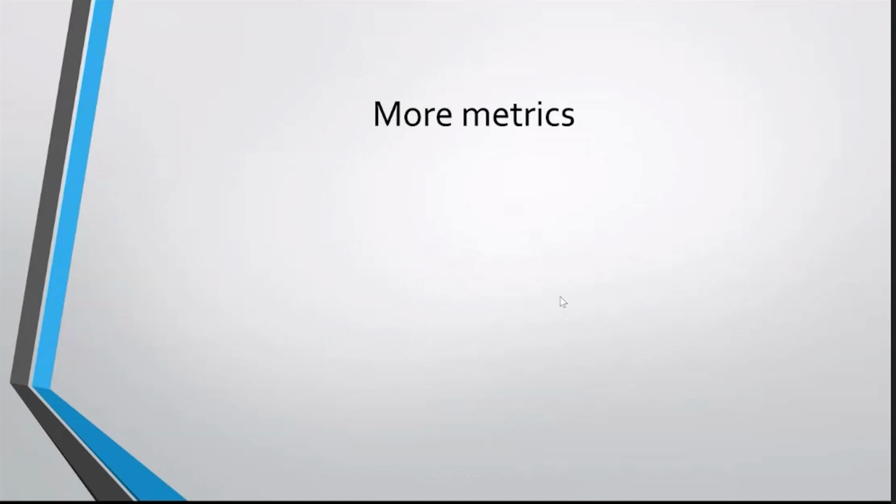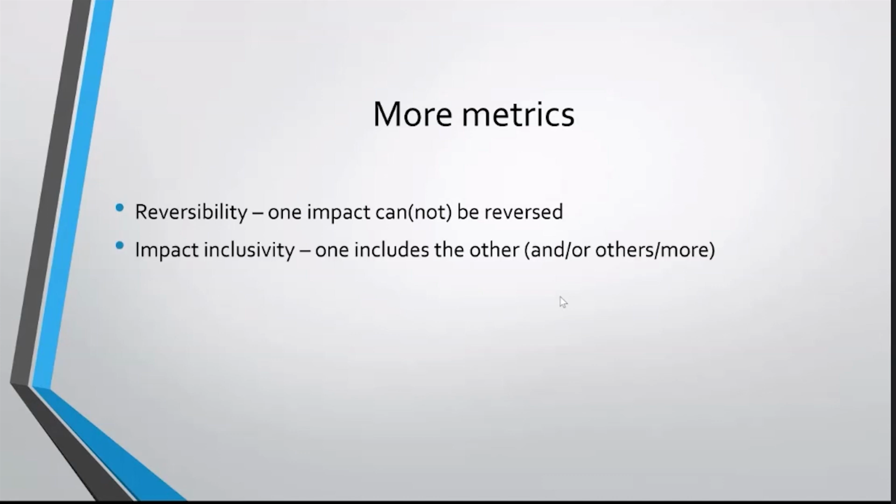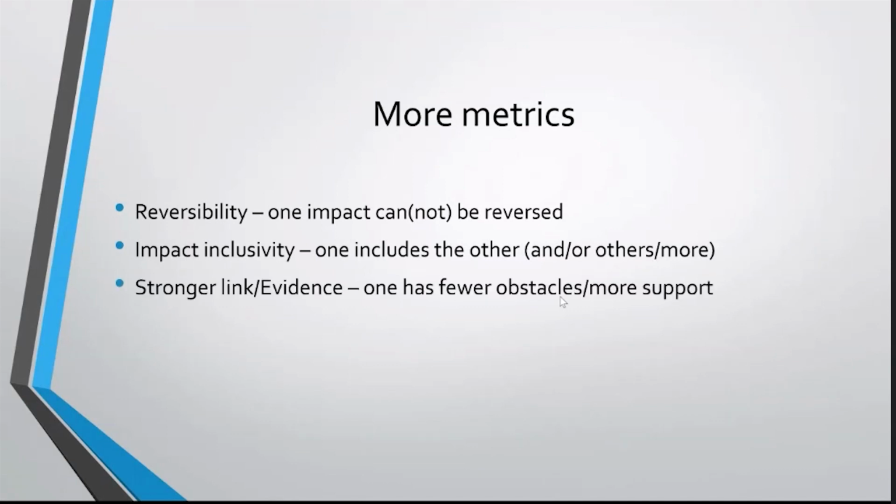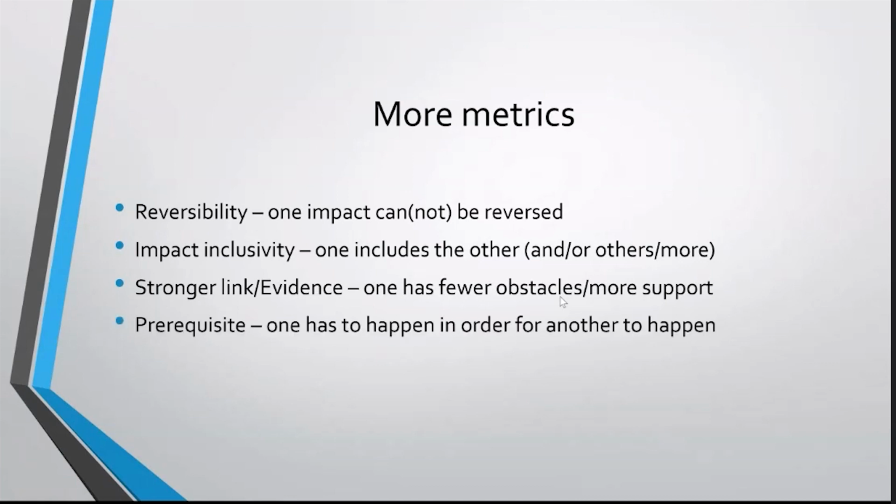So I'm going to give you an example for some more metrics. For example, reversibility, so whether one impact can or cannot be reversed. Impact inclusivity, so whether one impact includes another and or others or more impacts. The strong link or evidence metric, which is about whether one impact has fewer obstacles or more support in its favor.